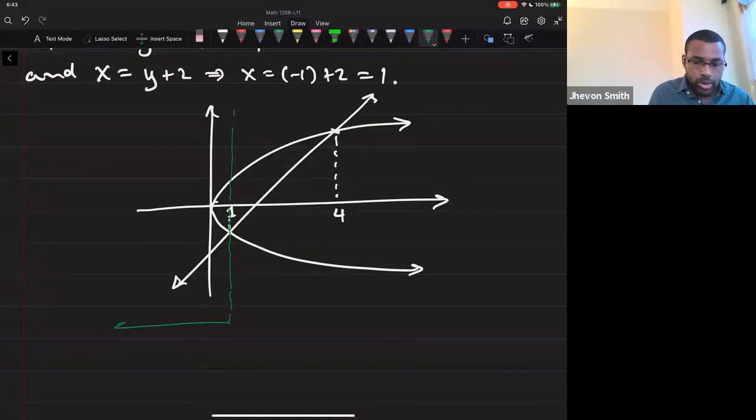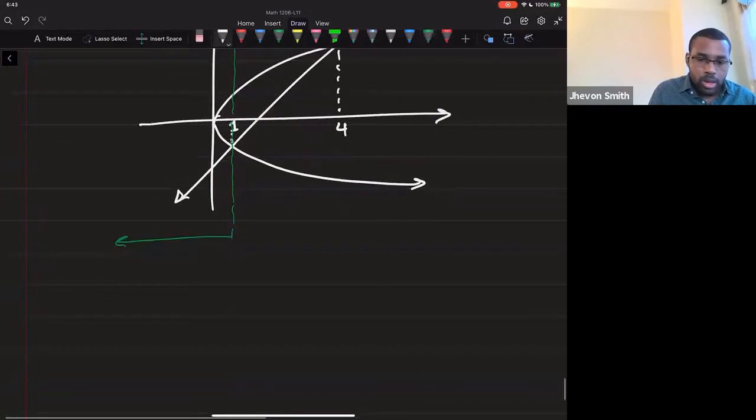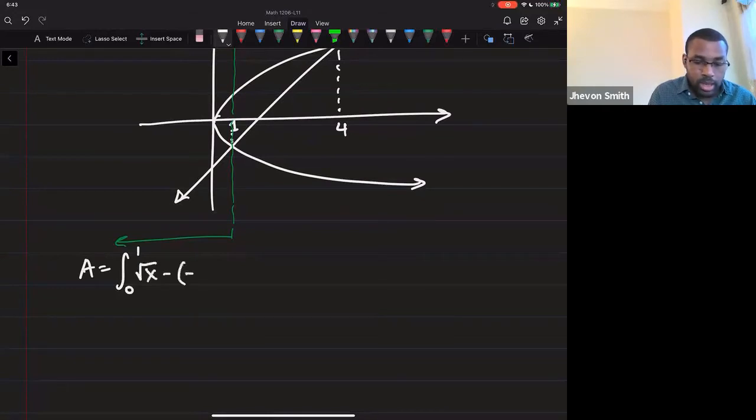So on this side, we have our area is equal to the integral from 0 to 1 of the top function, which is going to be radical x, minus the bottom function, minus radical x.